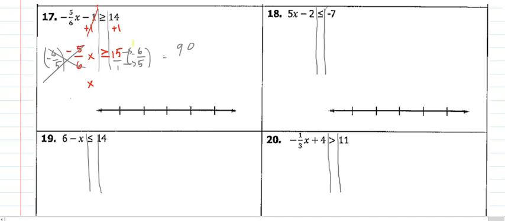But because of this negative sign, it's negative 90 over 5. And negative 90 divided by 5 is negative 18. So that means your result here is negative 18. Now, do we need to flip? Did we divide or multiply by a negative number?